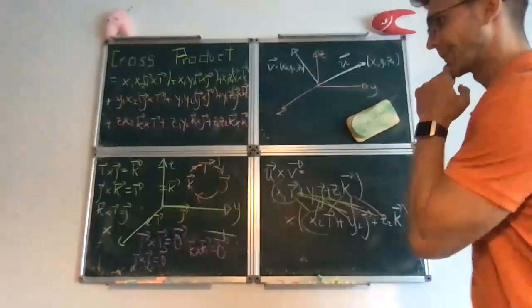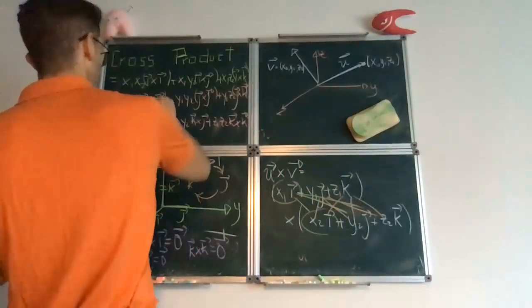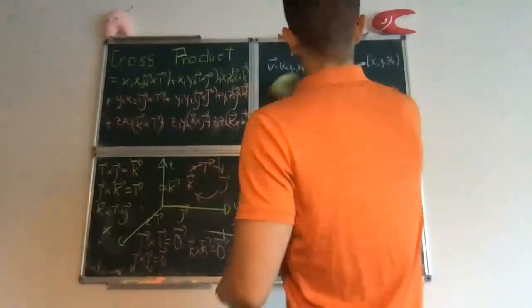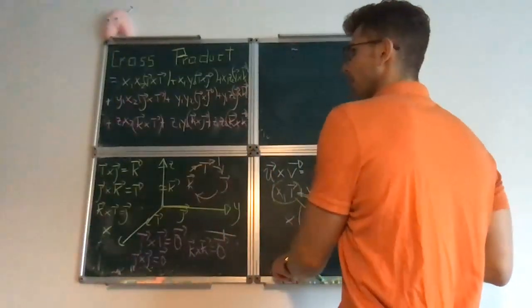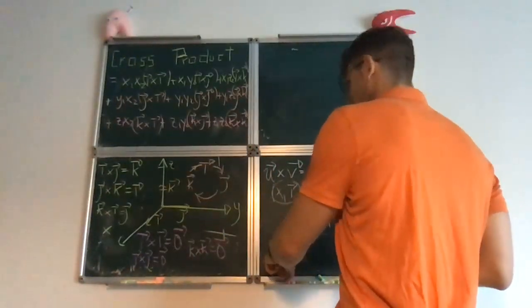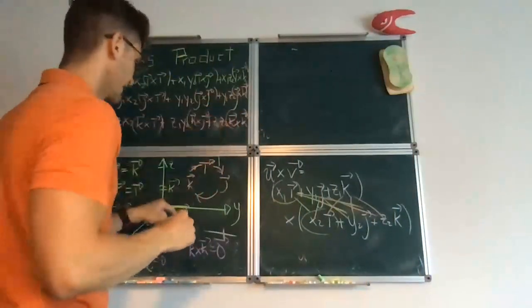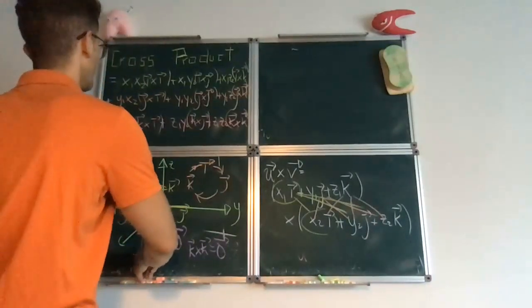Okay, and here we finally start using the information from this board. Notice that you can do something quick, which is i cross i, j cross j, and k cross k each gives you 0 vector, so you can ignore this part.